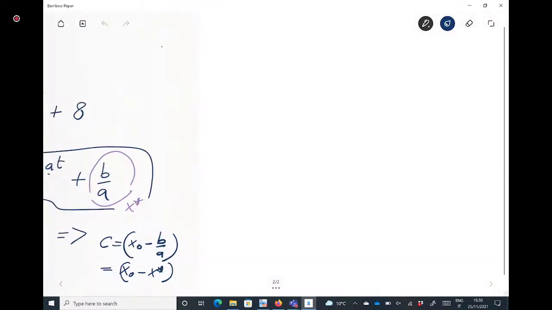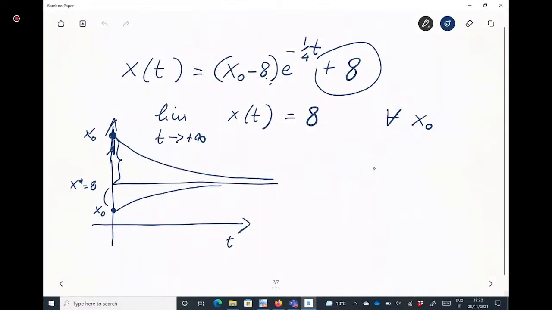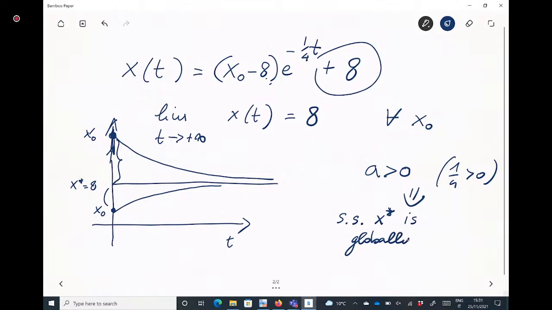So a positive, as is in our case, the steady state x star is globally stable.